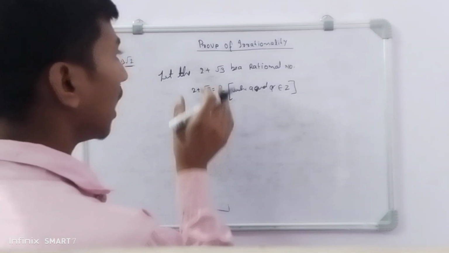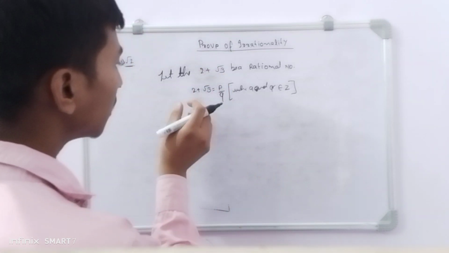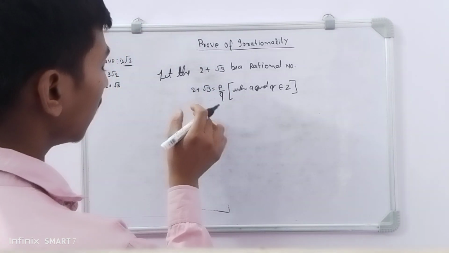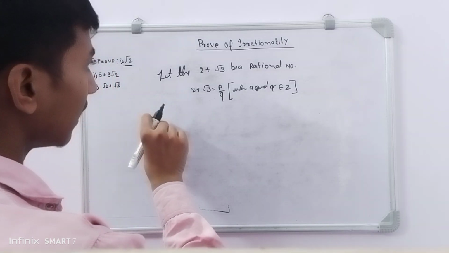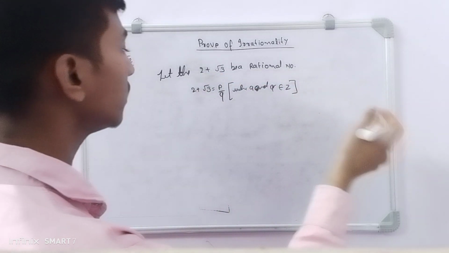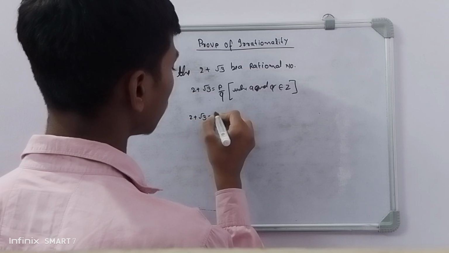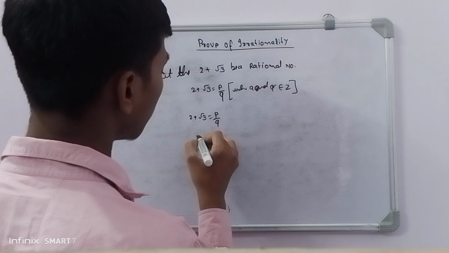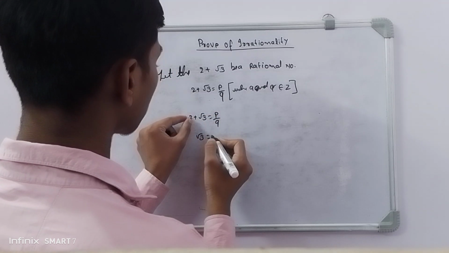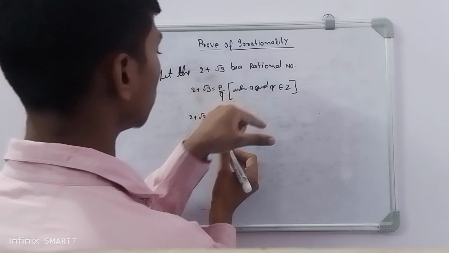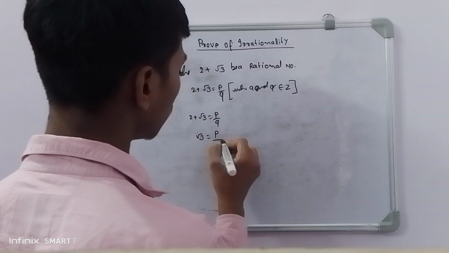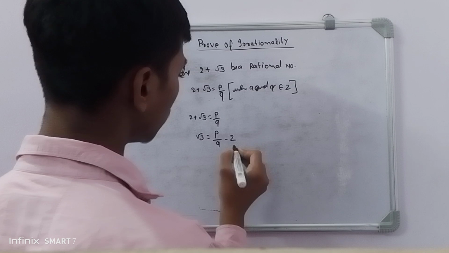As we have to prove this in the second case, you have to consider that the irrational part should be on the LHS and the rational part should be on the RHS. So right here, 2 plus root 3 is equal to p by q, where you could write root 3 on one side and send the 2 to the other side, then you will get p by q minus 2.